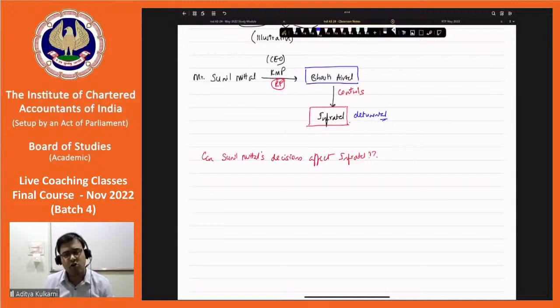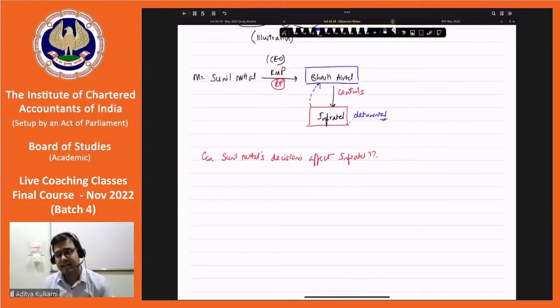Whatever profit or loss Infratel makes ultimately belongs to whom? Ultimately, the profit belongs to the parent, that is Bharti Airtel. So if there is any decision taken in favor of Bharti Airtel which is detrimental to Infratel, obviously Sunil Mittal will not take that decision.